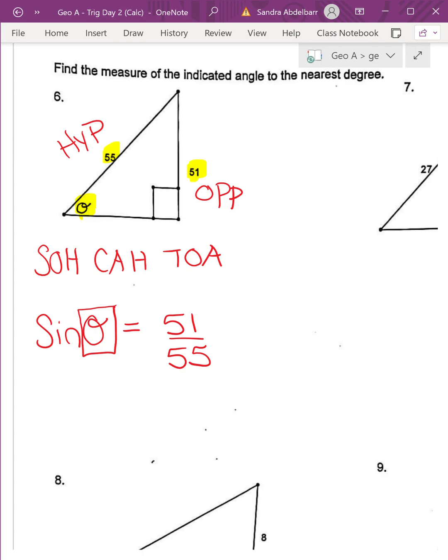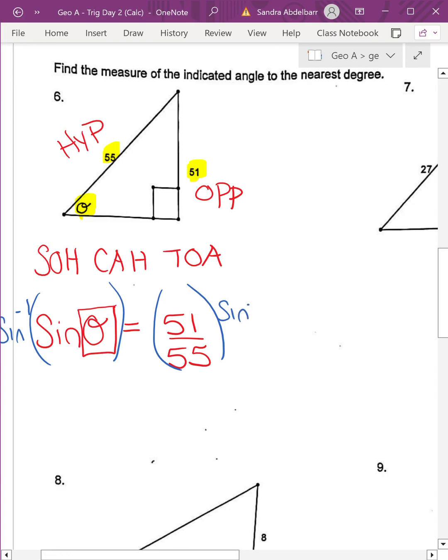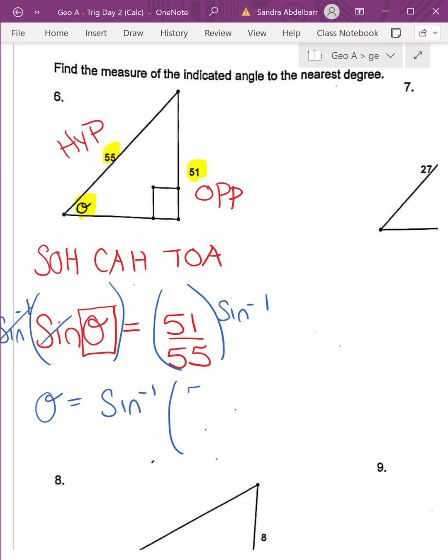So how am I going to get that sine to cancel? Multiply by its inverse. So we multiply by sine to the negative 1, and these cancel, so we get theta is equal to the inverse of sine of 51 over 55.